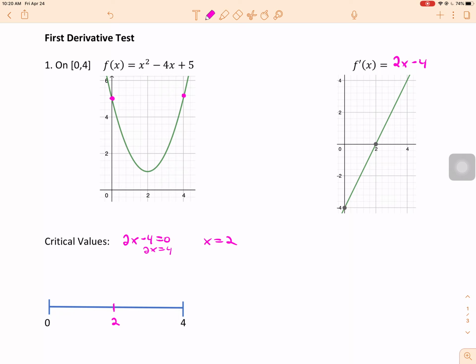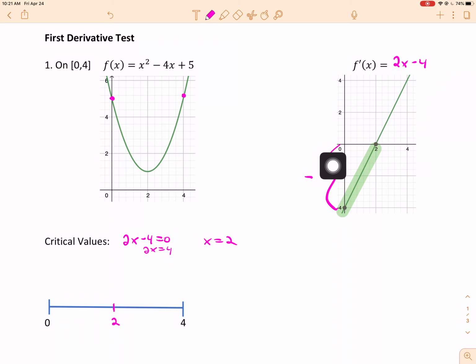Now, what is our next step generally for the first derivative test? We plug in a value to the left and to the right and see if we get a negative or a positive number. Right now, we're not really going to have to do that here because look at the graph over here. I'm going to highlight something. Anytime you plug in a number here, any y value here is going to be negative.